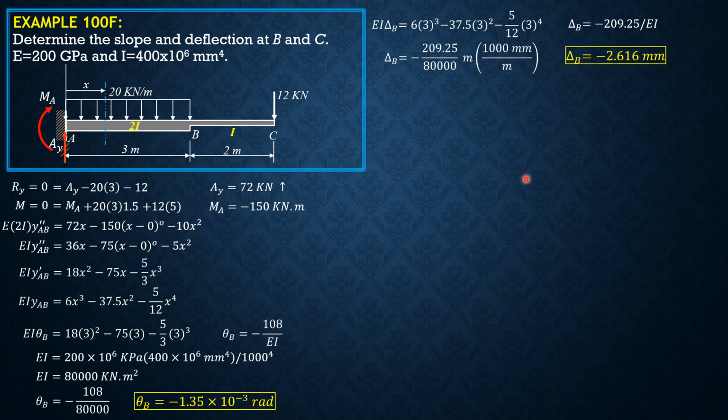Then for BC, to solve for theta C and delta C, we have to extend the load as shown, then counter it by an upward same load.